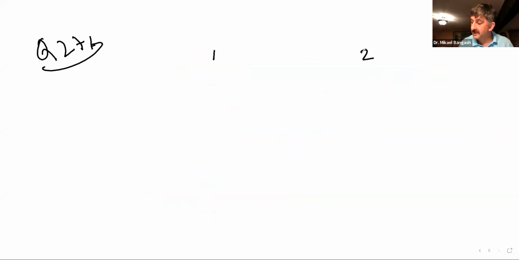Now, one pulse is 0.4 microseconds in duration. What we have been given here is the pulse duration. So one has a 0.4 microsecond pulse duration, and the other has a 0.2 microsecond pulse duration.